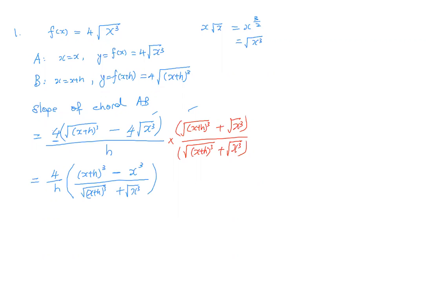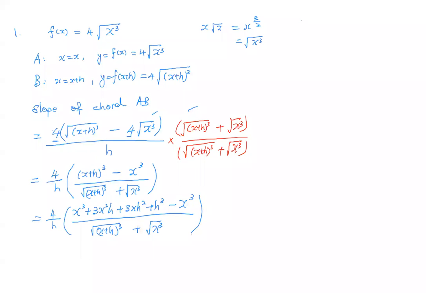When you expand x plus h cubed, you have to remember this: it will be x cubed plus 3 times x squared h plus 3 times xh squared plus h cubed. This is the expansion of the cube. After you have done that, then you simplify. Then you factorize out the h.